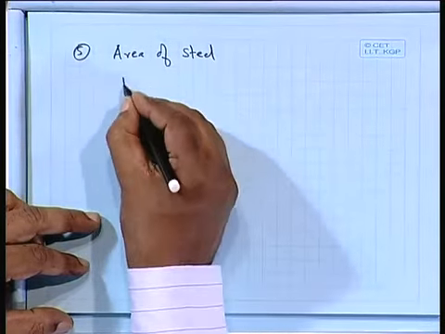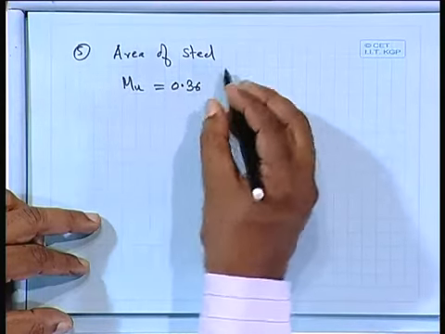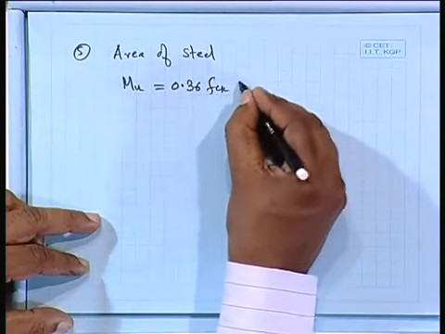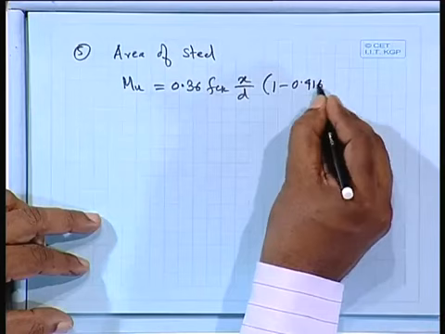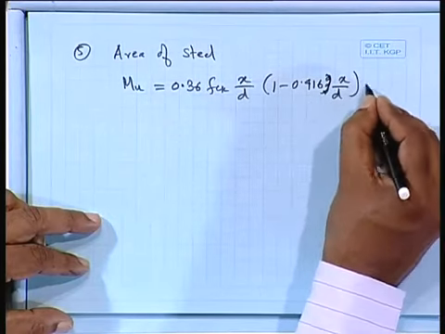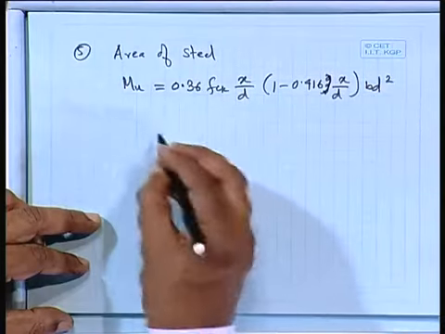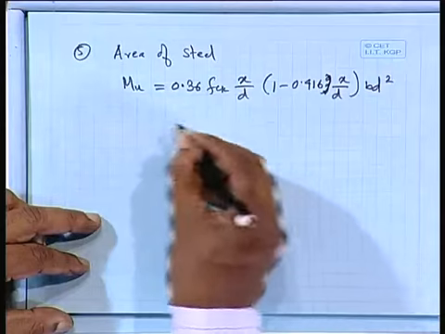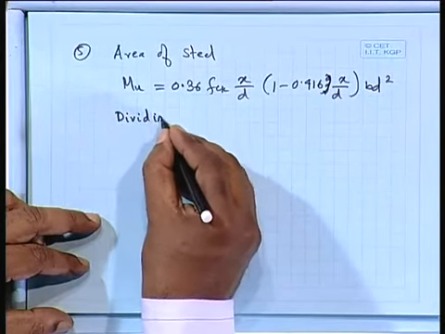So where from shall we provide? You remember this one, 0.36 FCK x by D times 1 minus 0.416 x by D times B D square. This is the basic formula from where we have got it. Let me write it down once more.